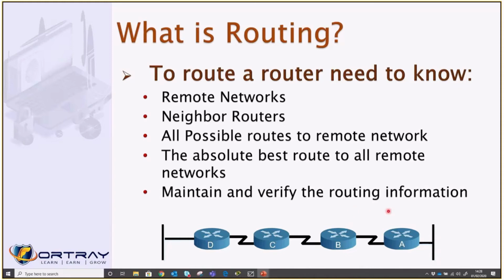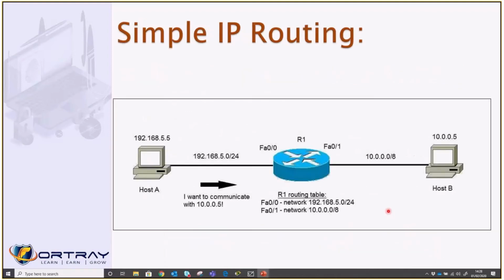Maybe it also needs to know how many possible paths it has to reach the network, and which is the best one if it has multiple paths. And then, once it has discovered that, it needs to maintain and verify the routing table. After a certain period of time, it will start to discover that this guy is existing, that guy is existing, something like that.